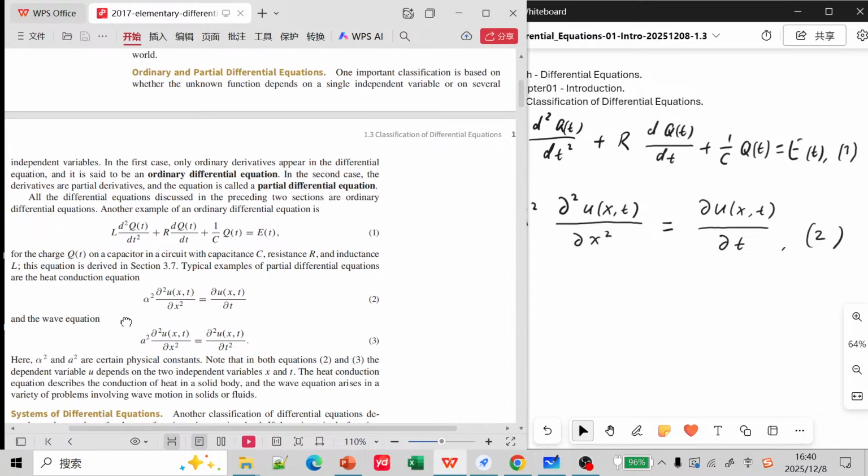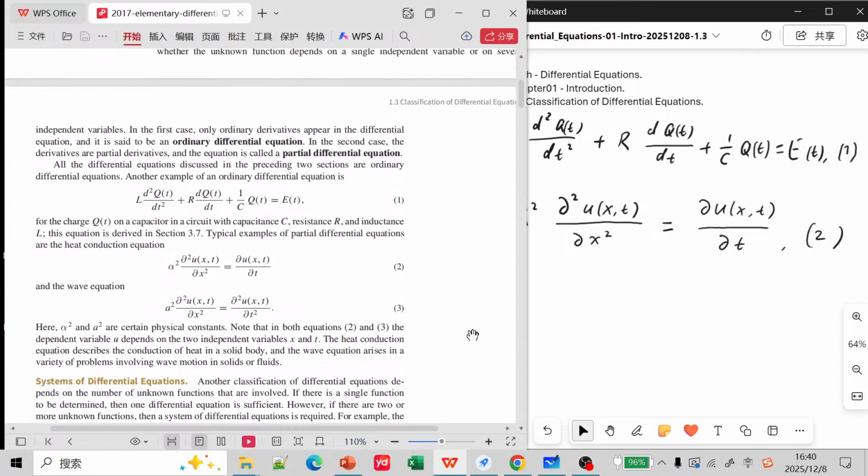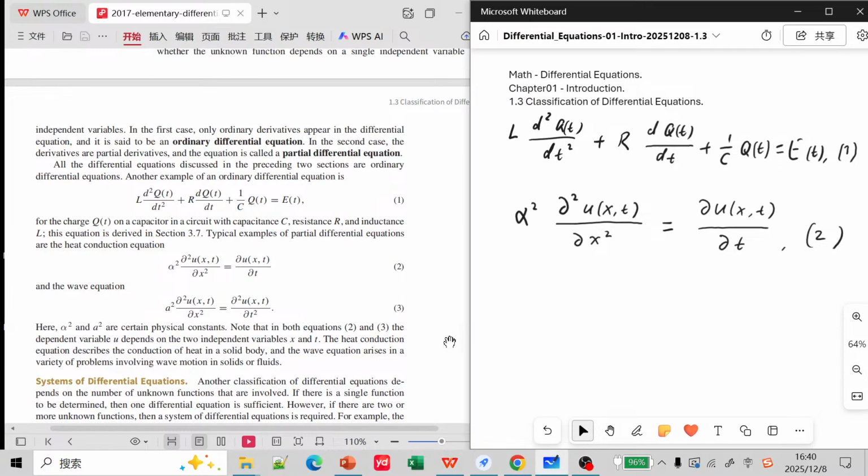And the wave equation: a² times the second partial derivative of u(x,t) with respect to x equals the second partial derivative of u(x,t) with respect to t.